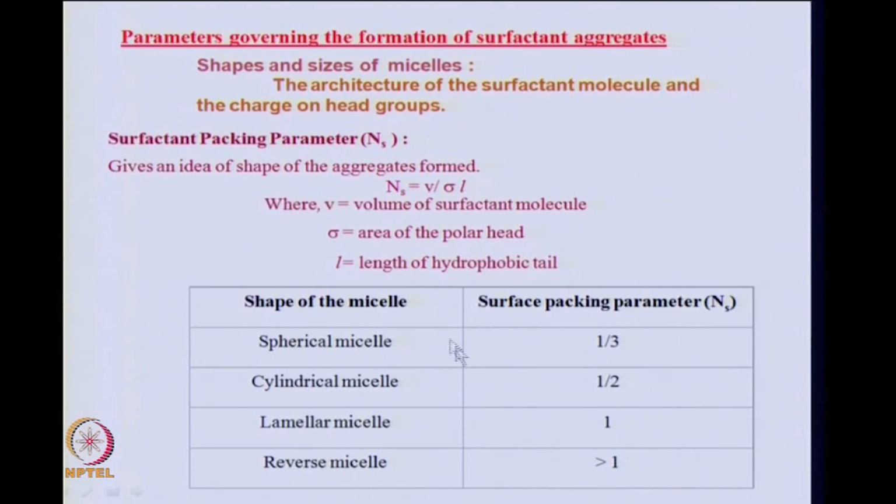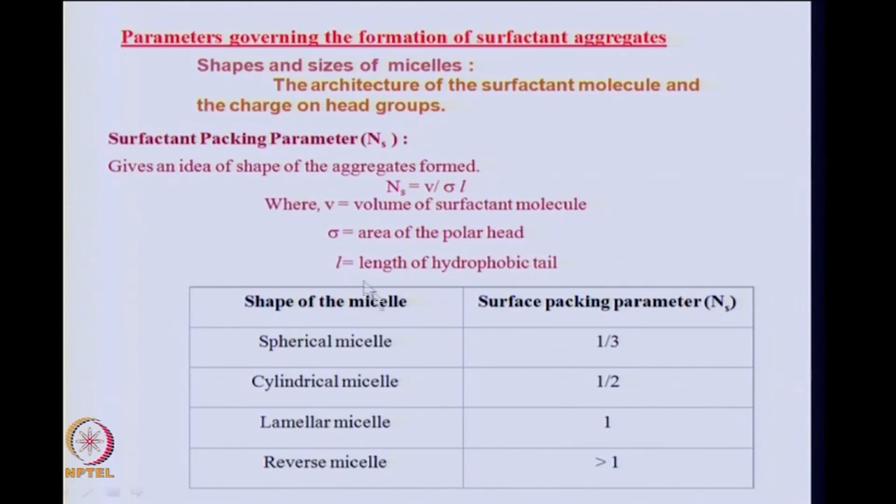And typically if you do proper calculations of these numbers, you will find that most of the time you will get spherical micelles if this NS value or the surfactant packing parameter is 1 by 3, or you will get cylindrical micelles when it is 1 by 2, you will get lamellar micelles when it is 1, and you may get reverse micelles when it is greater than 1.